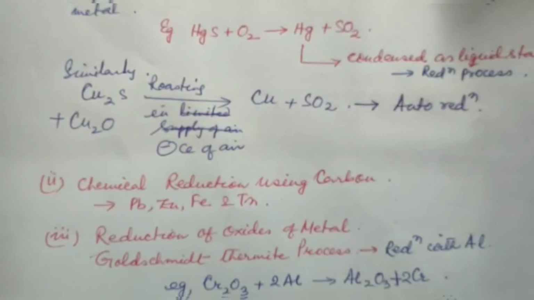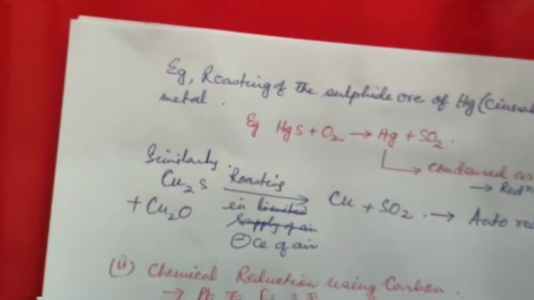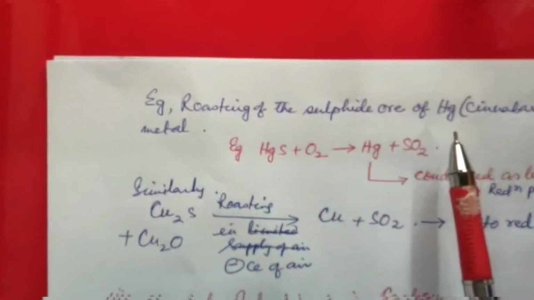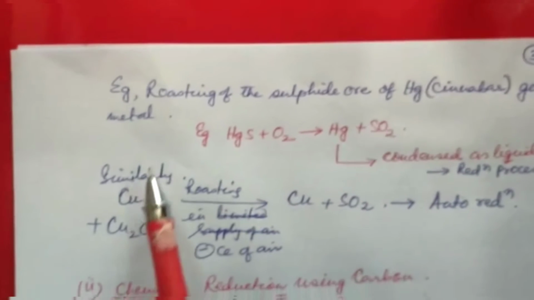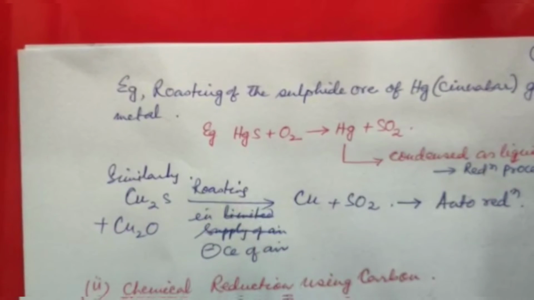For example, roasting of the sulfide ore of mercury, that means cinnabar, gives the metal, and this is the reaction.